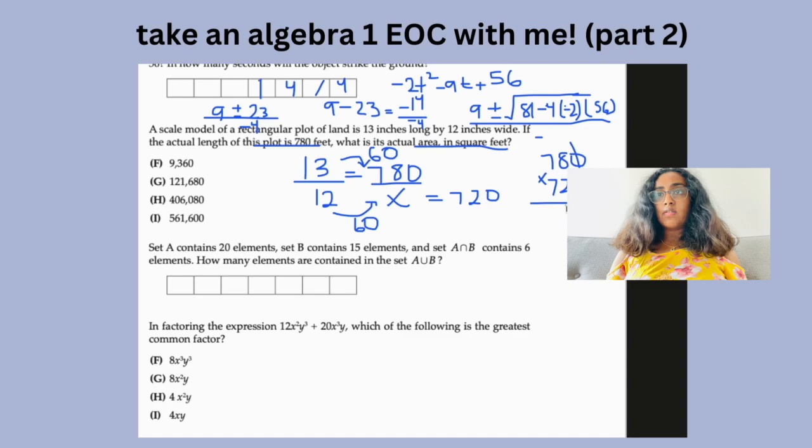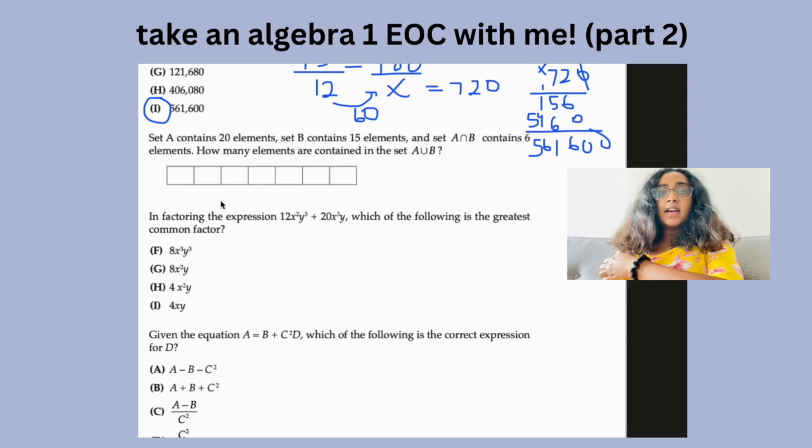So it's 156, and then 0, 8 times 7 is 56, 7 times 7 is 49, times 5 is 54. So then we would have 5616. You add these 2 zeros to the end, and then we have our answer.